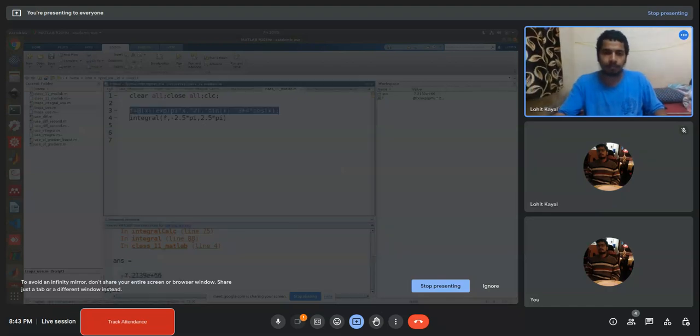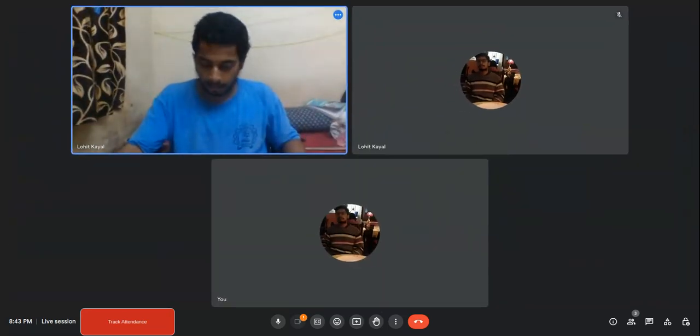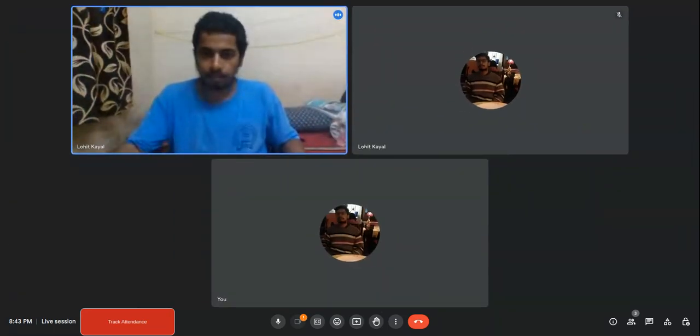So MATLAB is not working for this kind of function. This is one example where both the analytical and the numerical approach fail. Okay, so I will stop sharing the screen, and now I can go back to my tab once again.